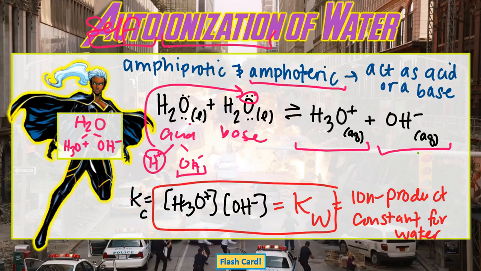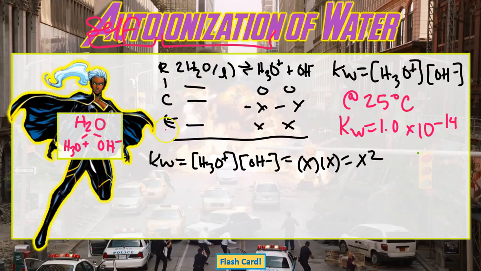Now, I said before, we know the overall concentration of water, and so we're able to express K directly instead of having to use Q. In chapter 13, we have Q and K, and sometimes we have to take that into consideration. But for our chapters here, our focus is always just going to be equilibrium, so we are dealing with K.